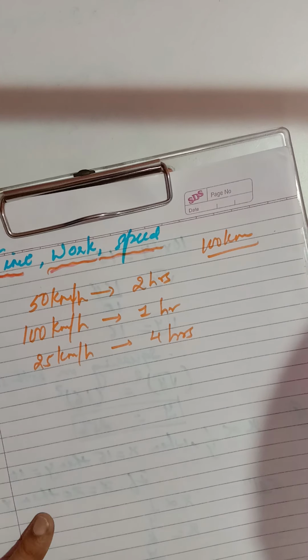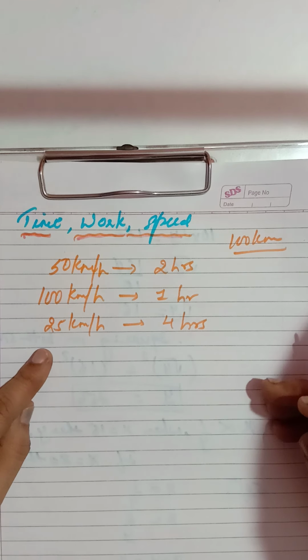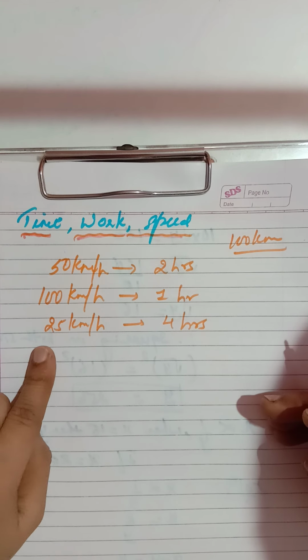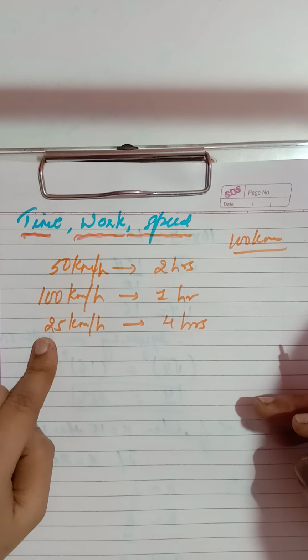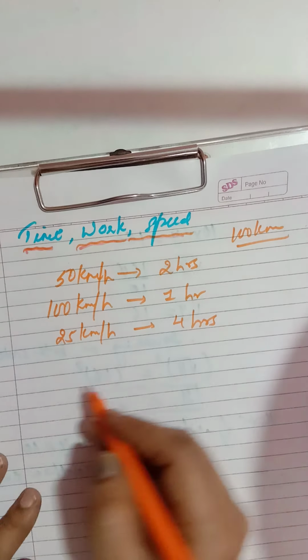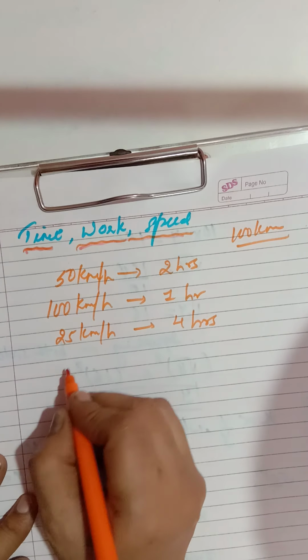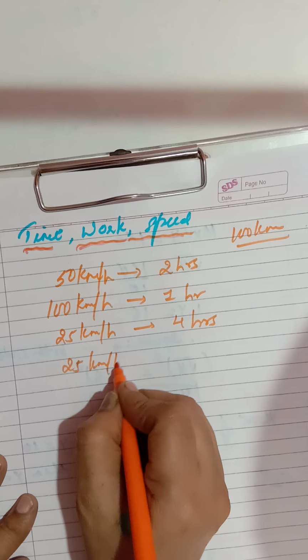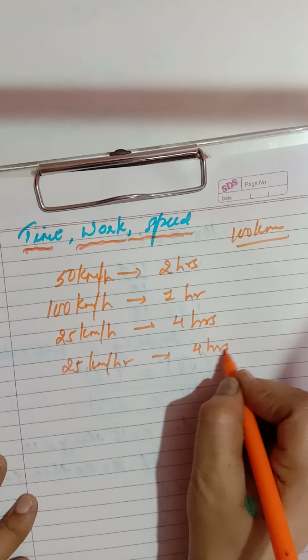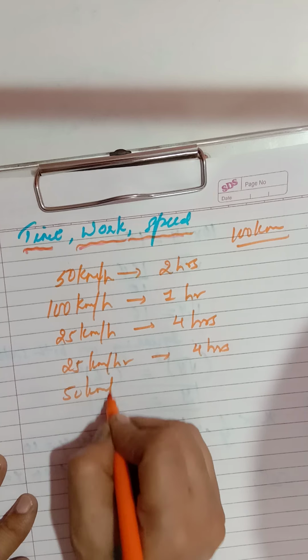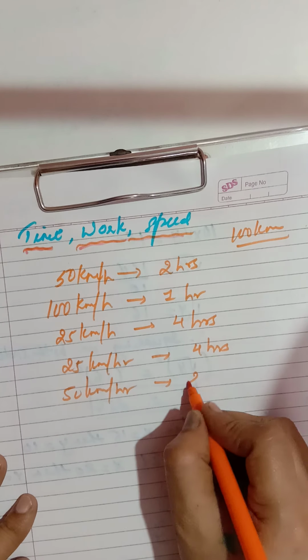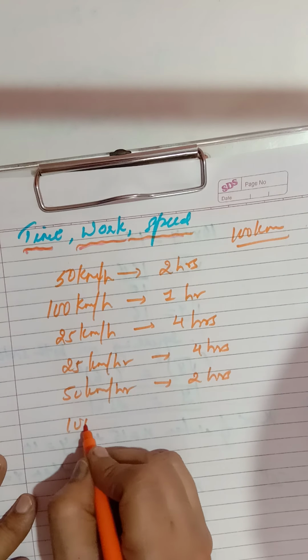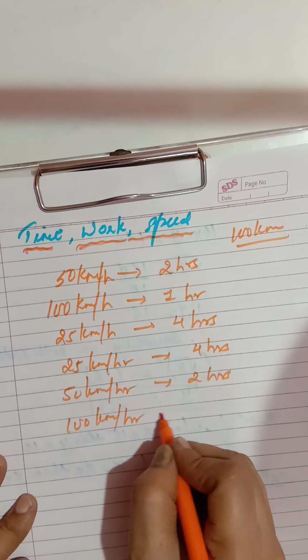So we can arrange this data as: 25 kilometers per hour, it takes 4 hours; 50 kilometers per hour, it takes only 2 hours; 100 kilometers per hour, it takes 1 hour.